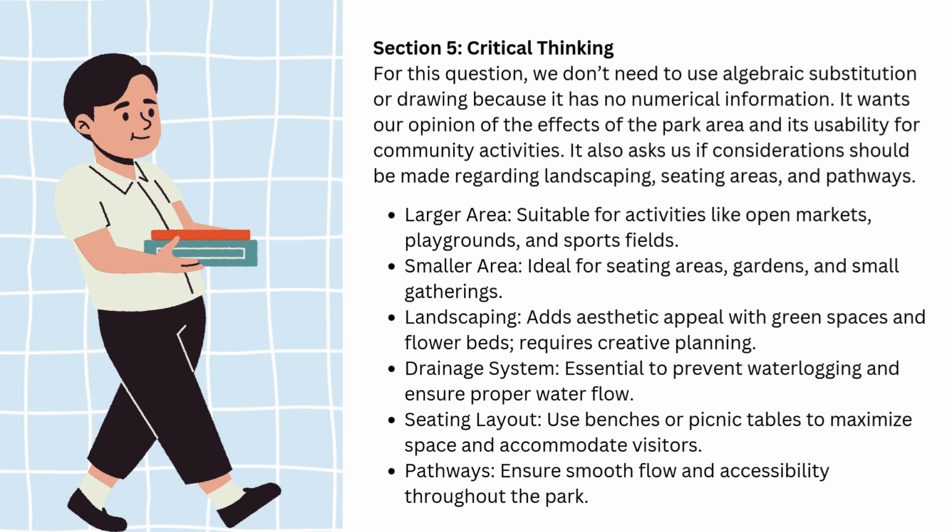Next, the landscape plays a big role in enhancing the park's look. With thoughtful planning, we can add green space and flower beds to make the park visually appealing and inviting. Alongside that, a drainage system is crucial to ensure proper water flow and avoid waterlogging, especially during heavy rain. This drainage system is usually at the side of the park.